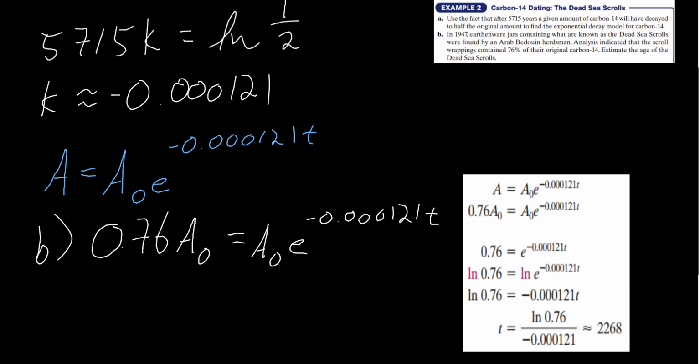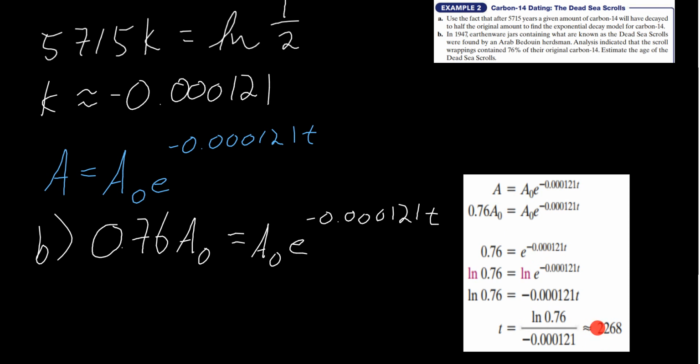So notice how we set the problem up. We said 0.76 of A naught, and then when you divide both sides by A naught, the A naughts disappear. We end up with 0.76 times e to that ridiculous number. Take natural logs of both sides like we have been doing, solve for t, and we see that the estimated age of the Dead Sea Scrolls was 2,268 years old.